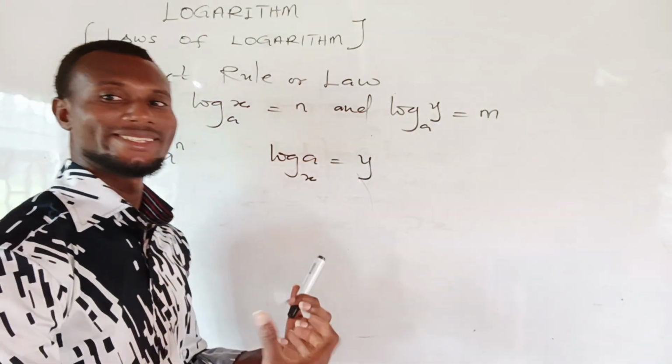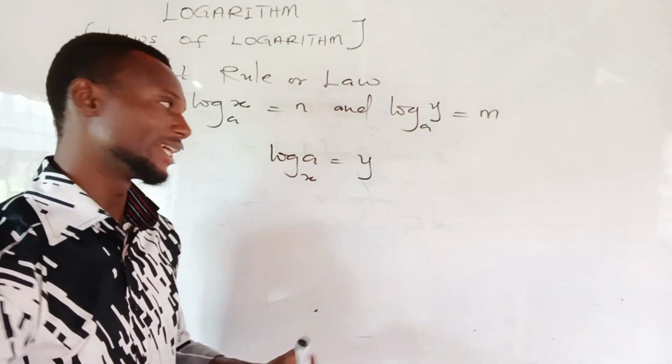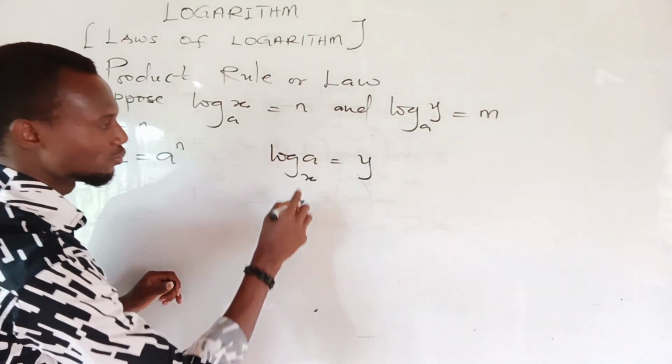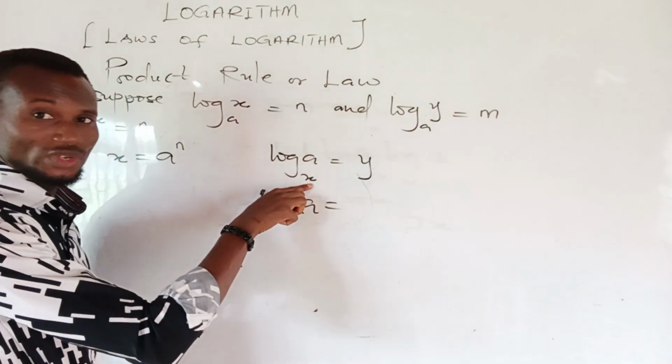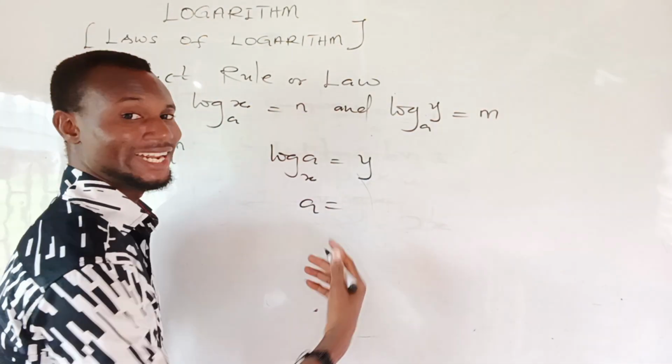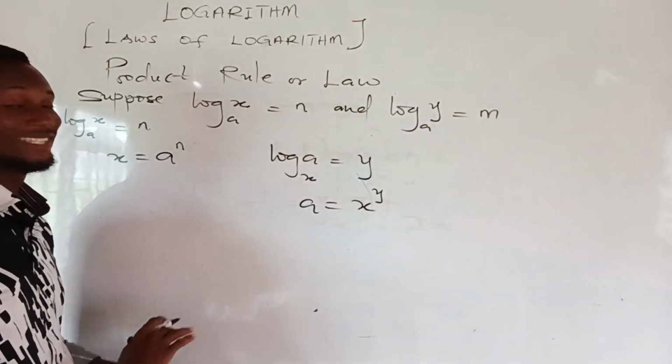I want to write it in a form that does not contain any more log. So how do I do that? I'm going to maintain my a here, bring my equal sign, and this base, which is s, will come and carry the y as a power. So I'm going to have s to the power y, as simple as that.